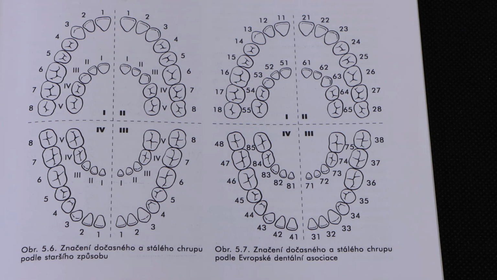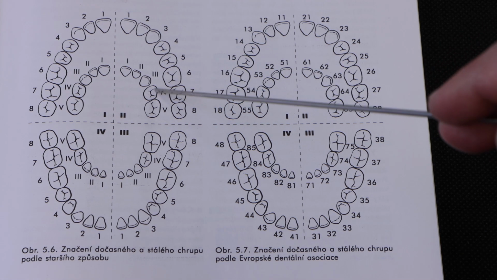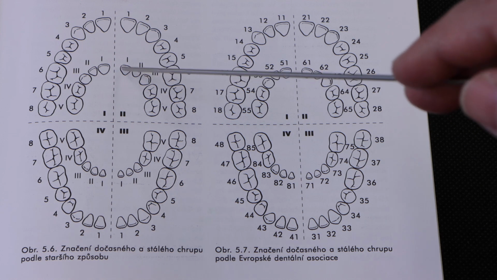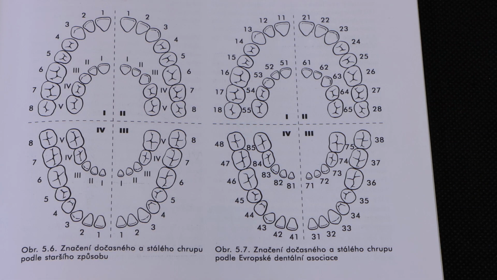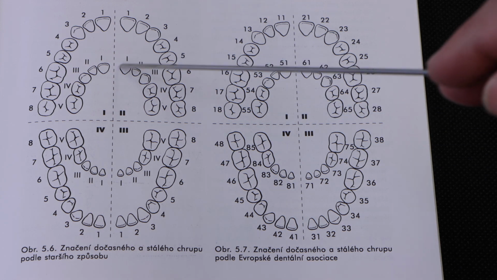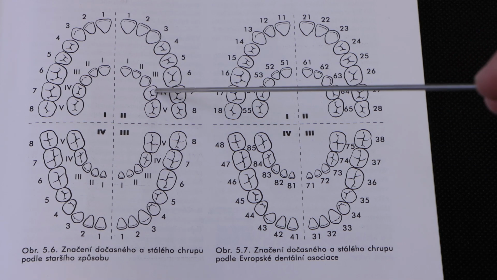For the deciduous teeth, we have 2 incisors, 1 canine and 2 molars. We don't have premolars, so the digit number that we use for that is 2102.